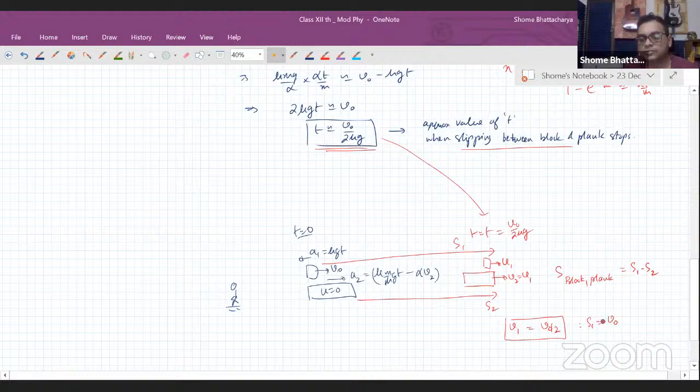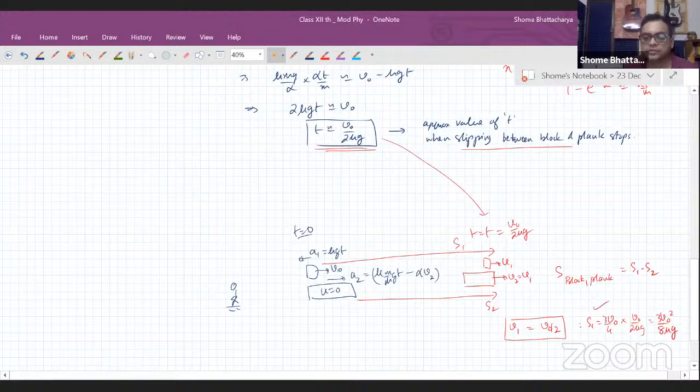We can take the average of v0 and v0 by 2. So that is 3 by 4 v0, multiplied with the time. So that is 3 v0 square by 8 mu g.